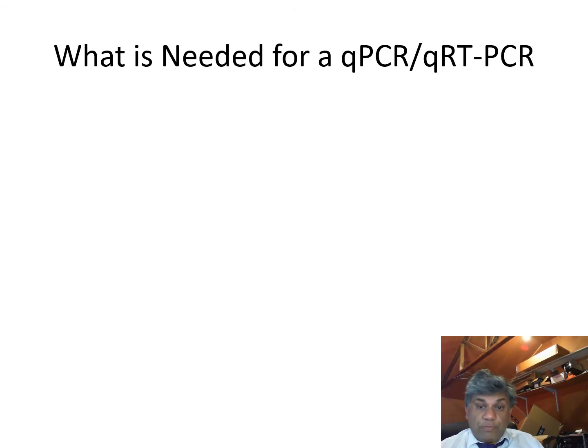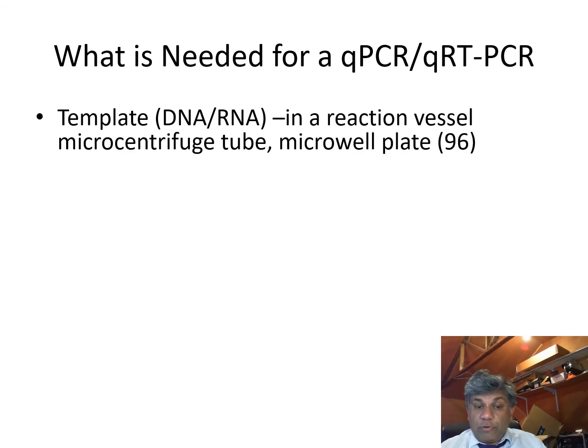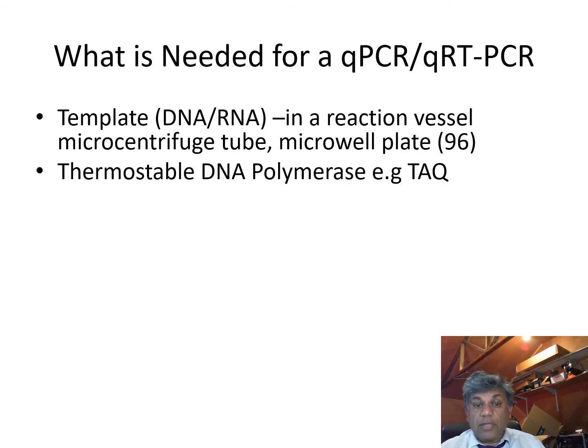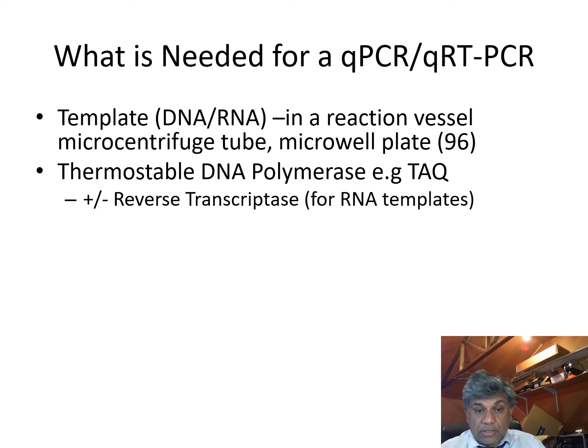So what is needed to perform a qPCR or a qRT-PCR? First of all, you need a template, which is a DNA or an RNA sample from a patient. And you need to carry it out in either a microcentrifuge tube or microtiter well. You need a thermostable DNA polymerase such as Taq, which is a polymerase isolated from a thermophile called Thermus aquaticus.